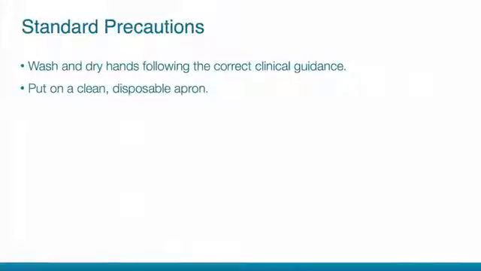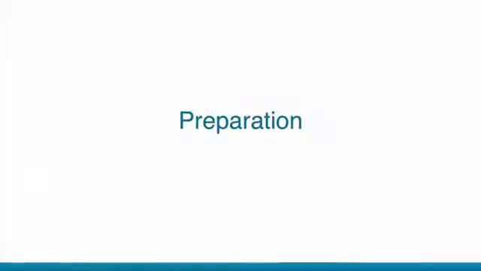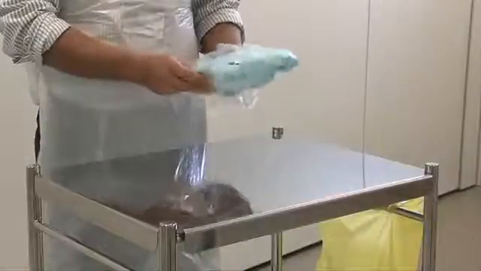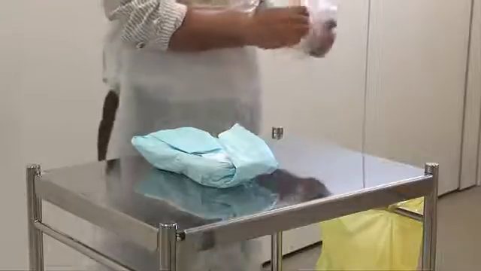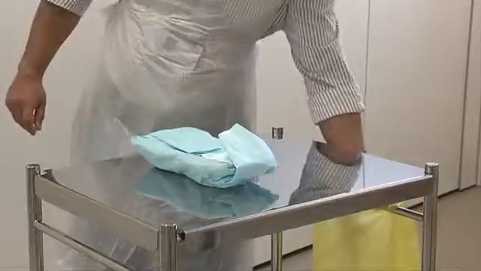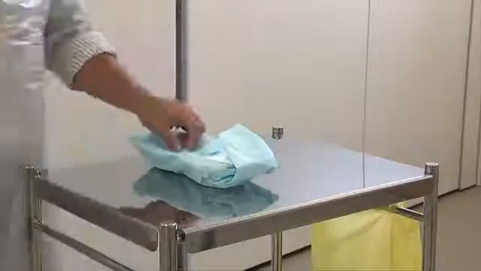Before proceeding, put on a clean disposable apron. Without touching the inner surface of the sterile catheterisation pack, remove it from its packaging and open it out on top of the trolley.